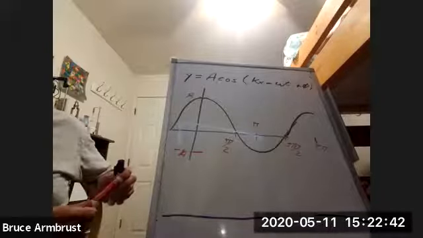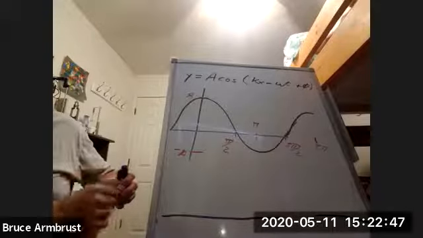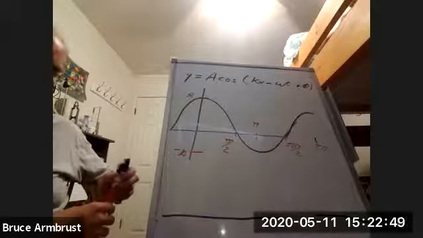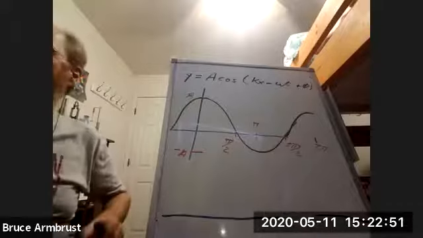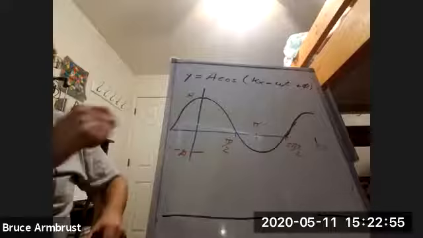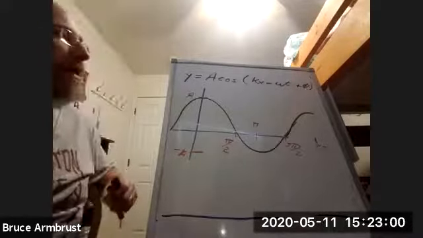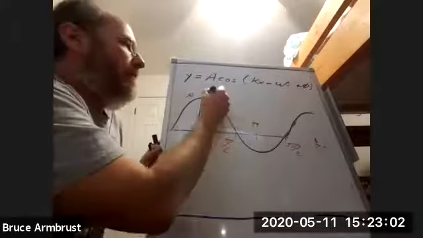How do we figure out what k is? Well, k has to do with the period, but in this situation, our period is actually what we call the wavelength.